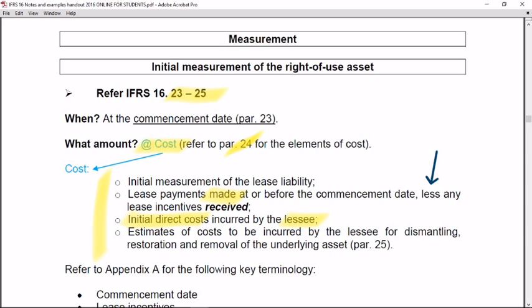And the last point we're looking at is any estimate of costs to be incurred by the lessee for the dismantling, restoration, and removal of the underlying asset. This is a principle that has been looked at under IAS 16: the present value of these dismantling, restoration, and removal costs.